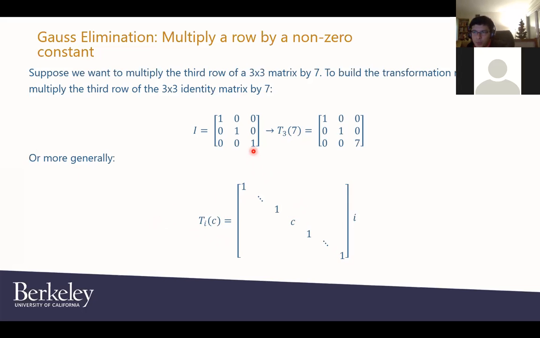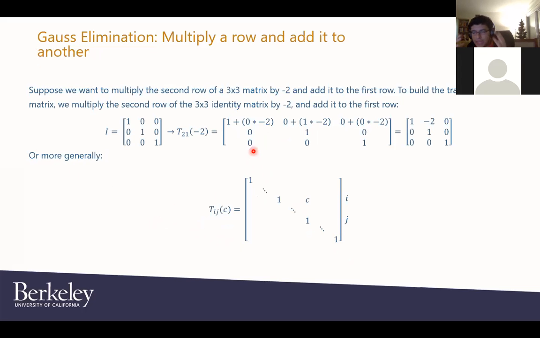And finally, our third operation, which was adding a multiple of one row to another. Again, we apply this transformation to the identity matrix to obtain the transformation matrix. Let's say we have a 3x3 and we want to multiply the second row by -2 and add it to the first row, or basically subtract twice the second row from the first row. So we apply that to the identity matrix.